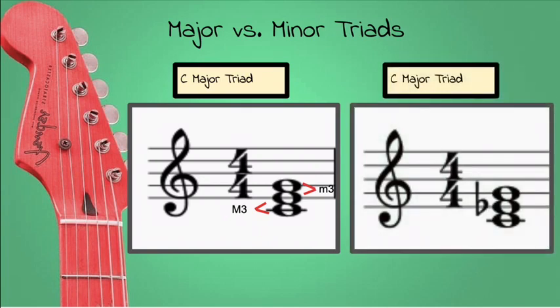Just the opposite, the minor triad has the minor third on the bottom and the major third on the top. Here's major, and here's minor. The first and the fifth scale degrees remain the same.